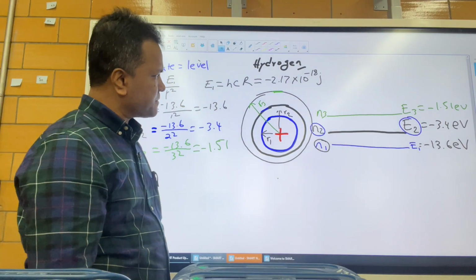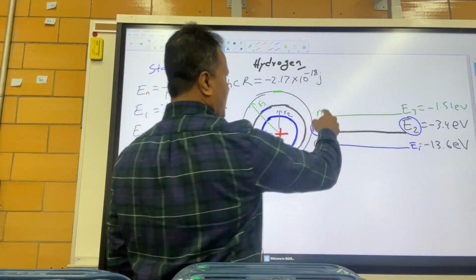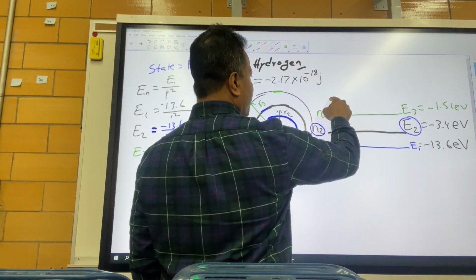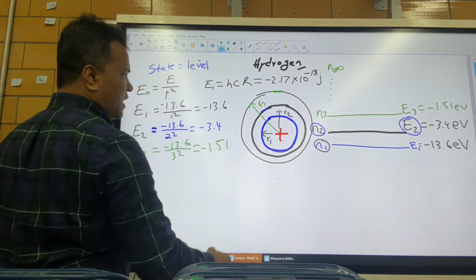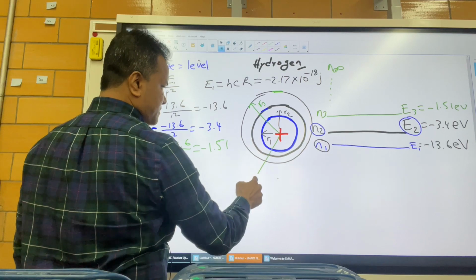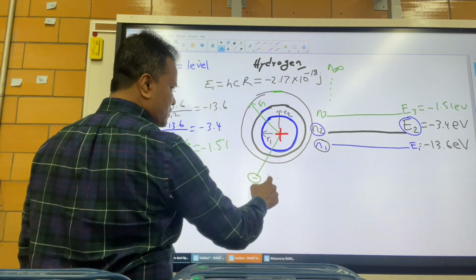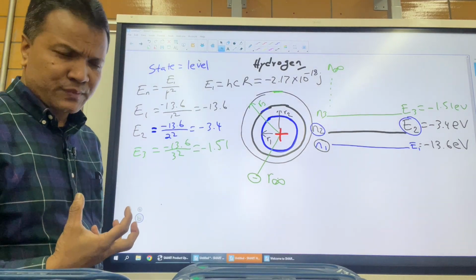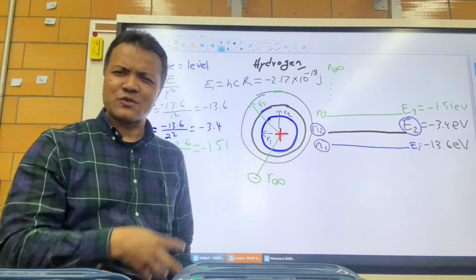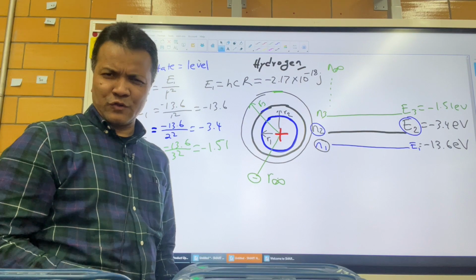Okay, good. So now if the electron is over here, we're going to say R infinity distance away from the proton. And the proton doesn't like it because the proton has nothing now to control this electron.